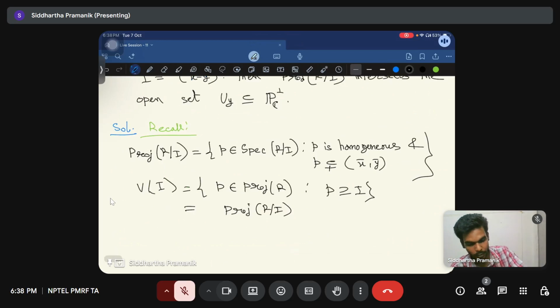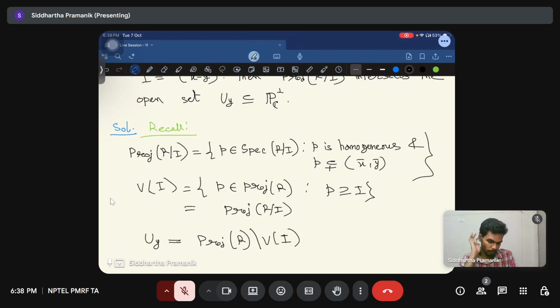And now using this V of I, we will define what we mean by U of y. So what is U of y? This is basically the complement of V of I in Proj of R. This is defined as U of y.